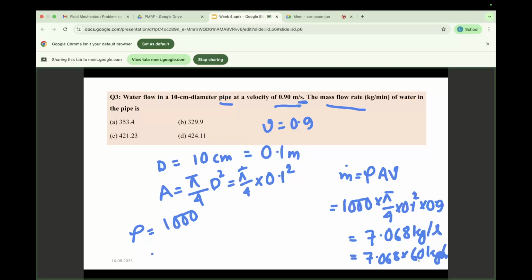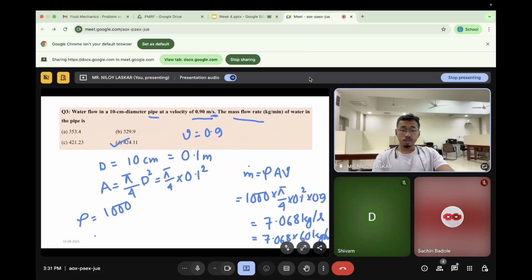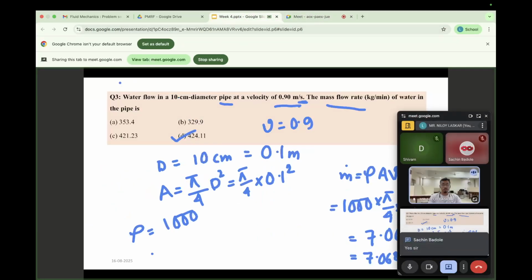If you multiply, you will get the answer. This option D is therefore our correct answer. So now it is clear, Sachin. Okay, thanks for the confirmation.